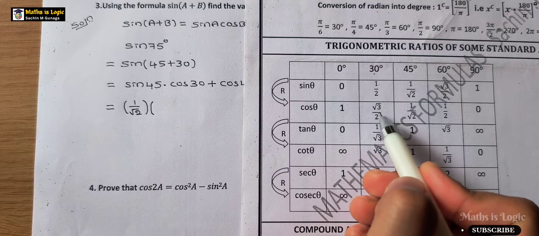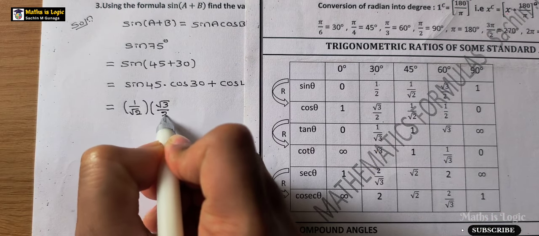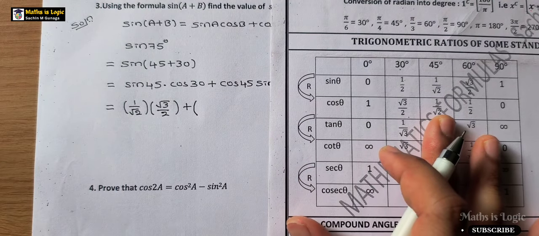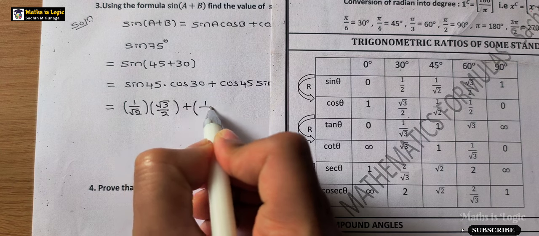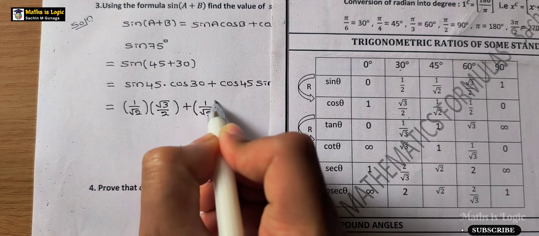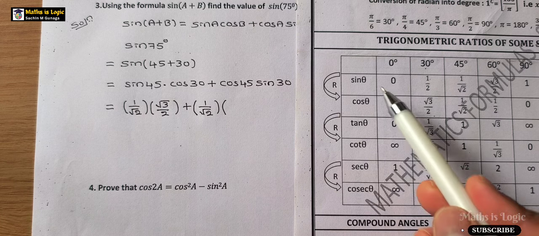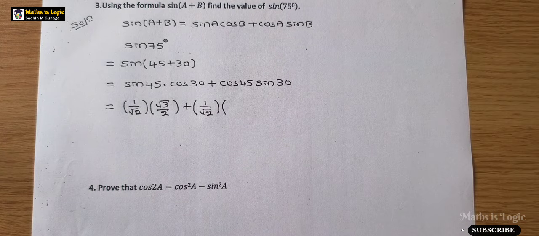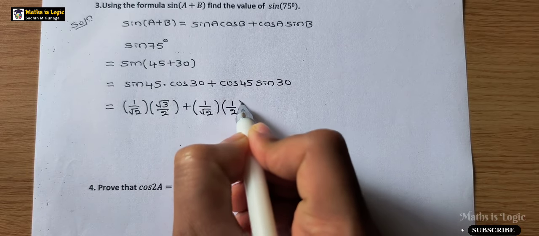Cos 30 degree is root 3 by 2, root 3 divided by 2 plus again in bracket cos 45. Cos 45 degree is 1 divided by root 2 into last one sine 30 degree. Sine 30 degree value is 1 divided by 2.